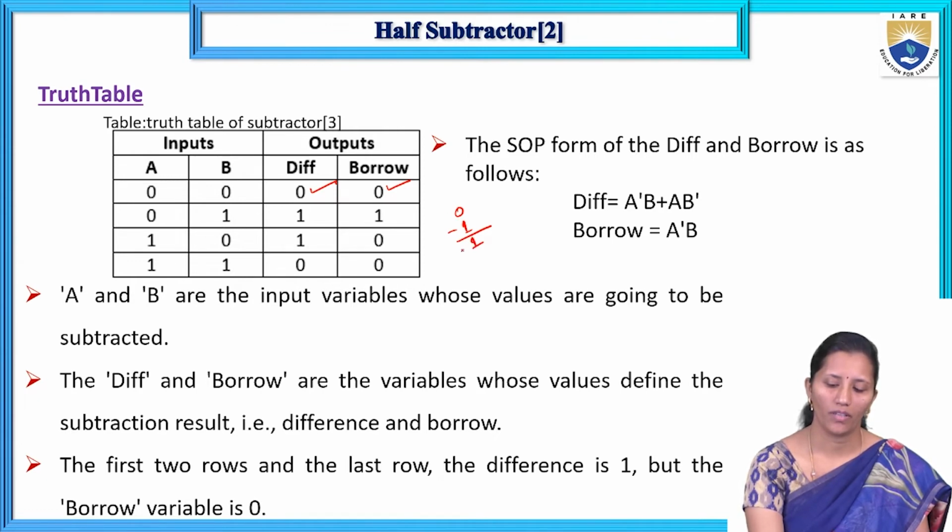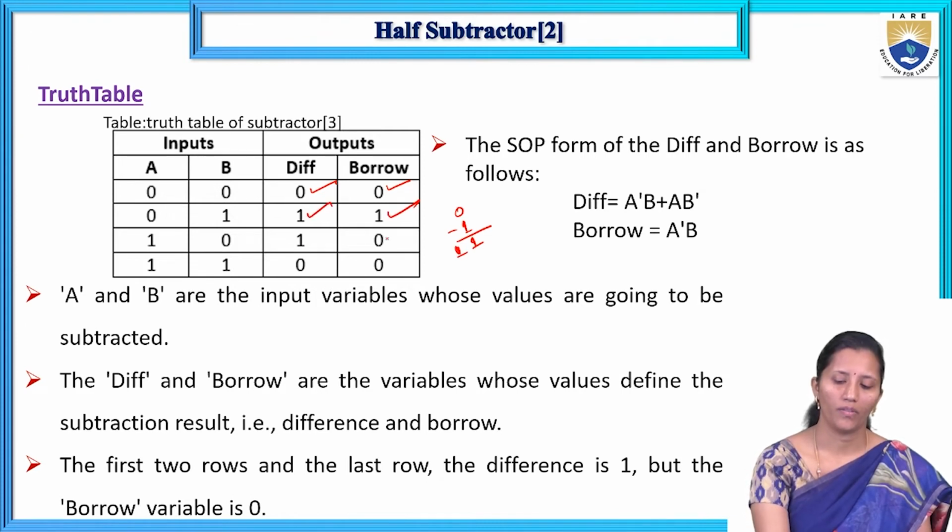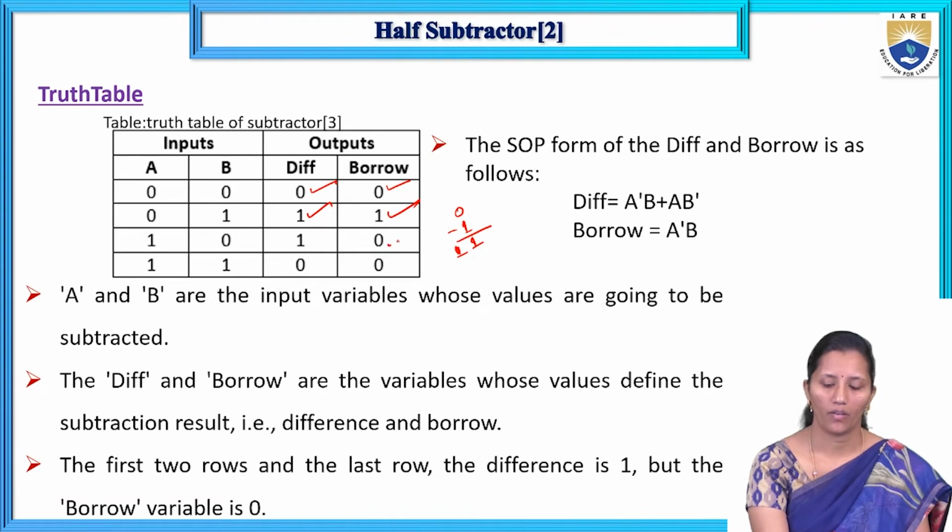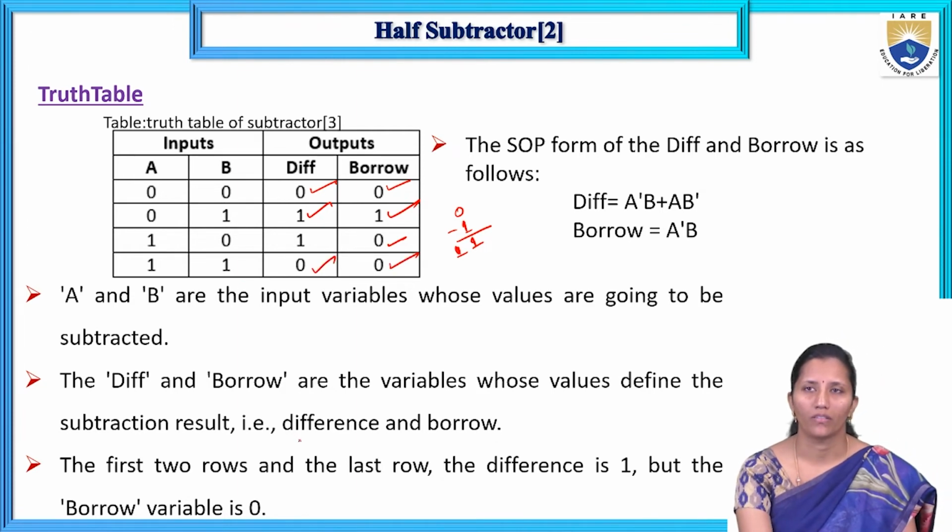So 0 minus 1 is 1 and borrow is 1, so we get 1 and 1. 1 minus 0 gives difference 1 and borrow 0. 1 minus 1: if both numbers are the same, the difference is 0. We are not taking any borrow, so borrow is also 0.